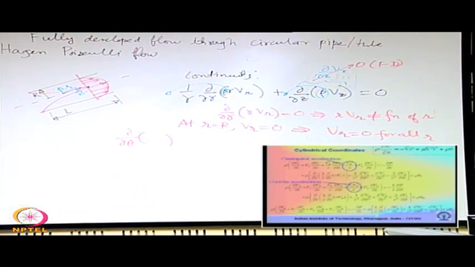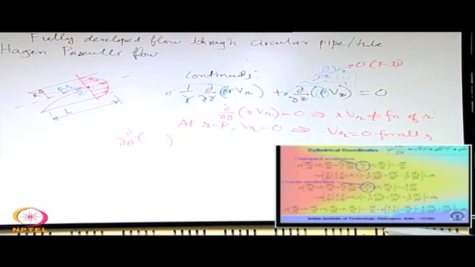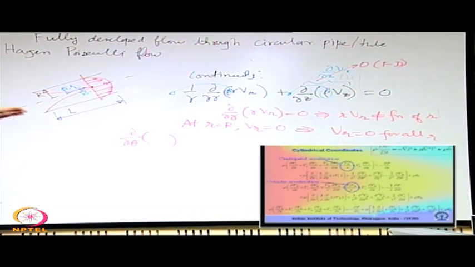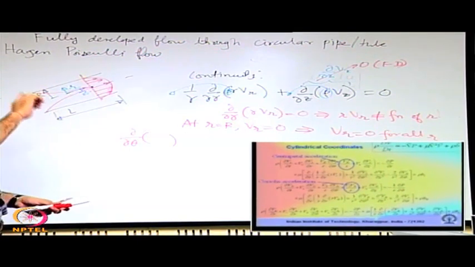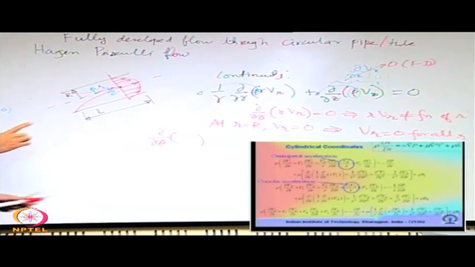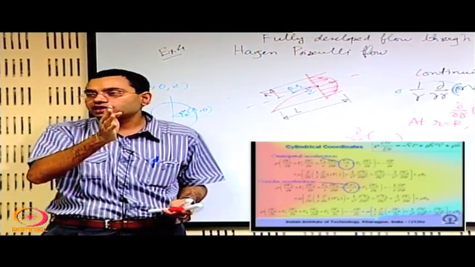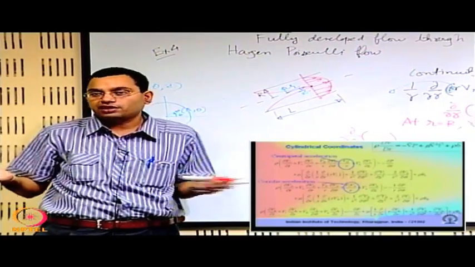See, theta is the polar coordinate. So if you have a symmetry with respect to the axis, that is called an axisymmetric flow. Symmetry with respect to axis means that there will be no variation with respect to theta. It is only symmetric with respect to axis, at which theta it is located is immaterial.